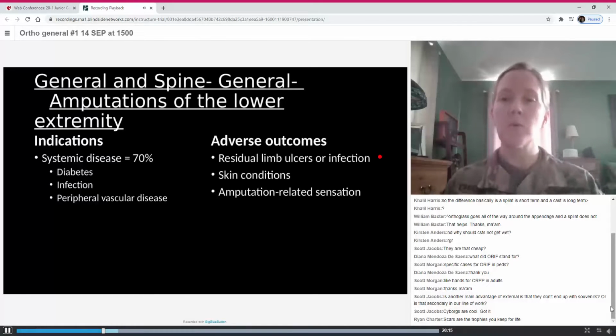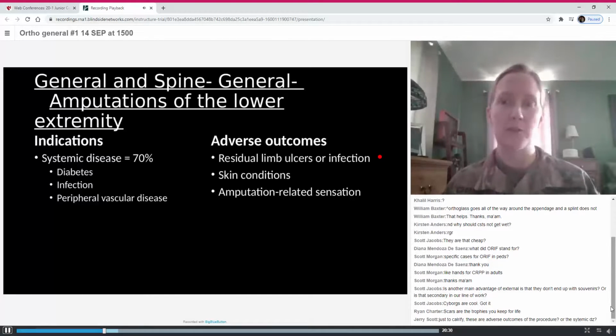So in terms of residual limb ulcers and infection, infection's a big problem, depending on if it's a cellulitis or superficial infection versus a deep infection. As I introduced this topic, I alluded to infection being a cause. If it's suspected to be a deep infection, causing more systemic effects, then that would need to be elevated to an advanced level of care.